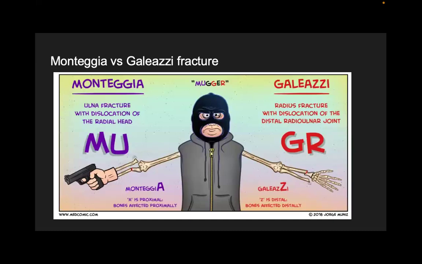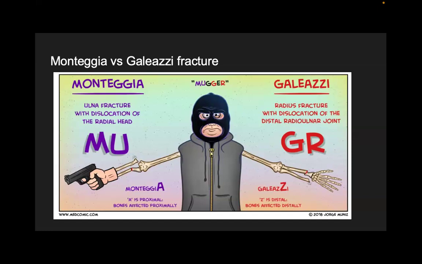So the next two types of fractures, this is kind of like a little mnemonic to help you. They're both types of forearm fractures. One's the Monteggia and the other one's the Galeazzi fracture, okay? So a Monteggia fracture, if you remember the letters MU versus GR, is a fracture of the ulna with displacement of the radial head proximally.